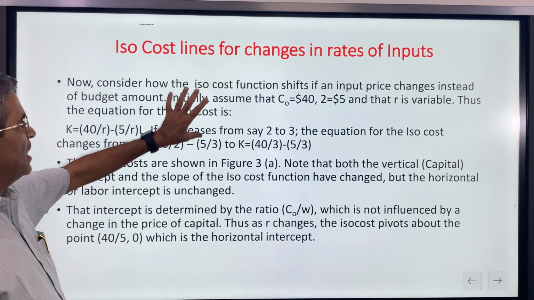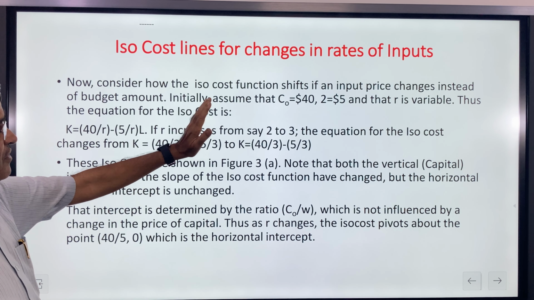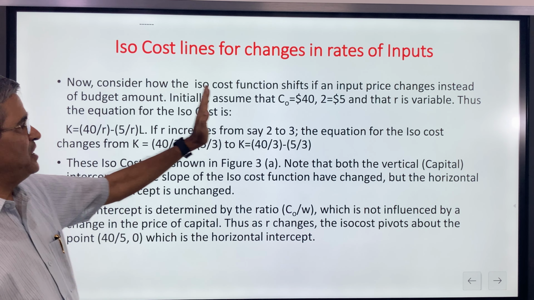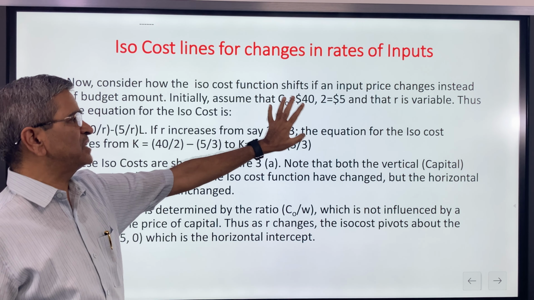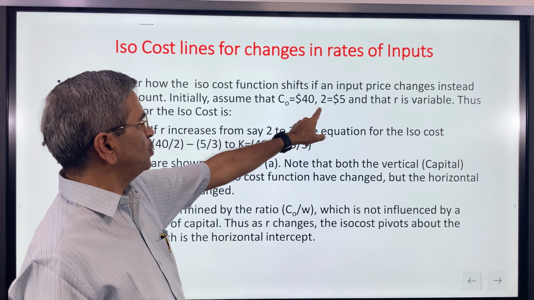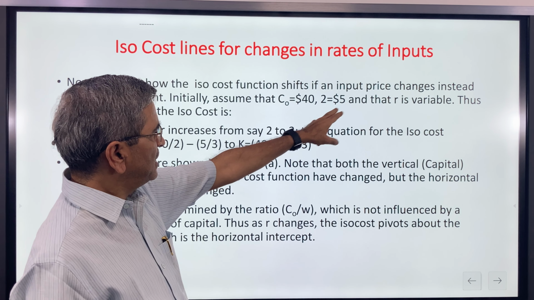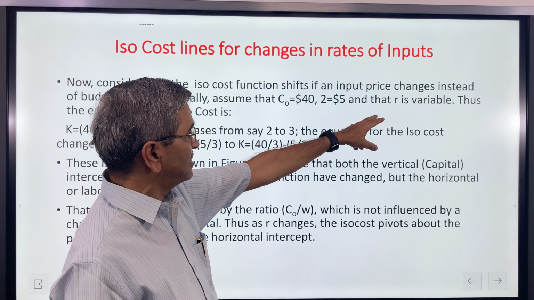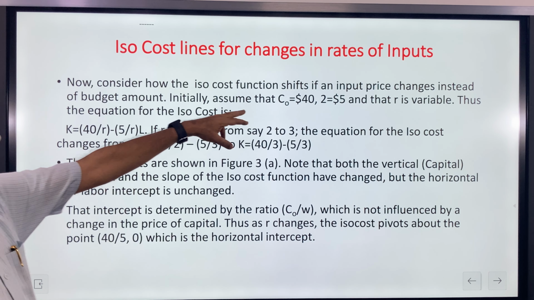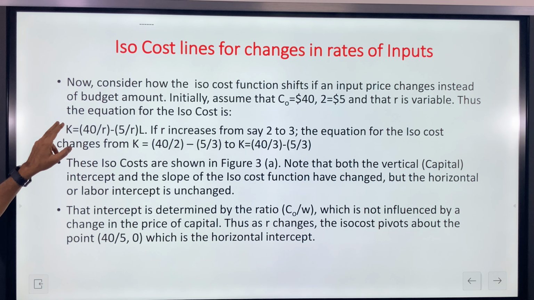Now consider how the isocost function shifts if our input price changes instead of budget amount. Initially assume that the budget is $40 only, the rate of interest R is variable, and the labor rate is L equal to $5, which is given here.